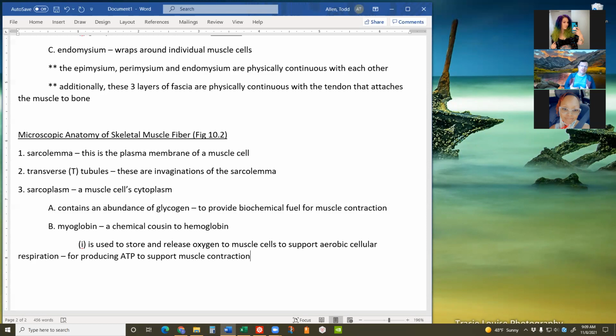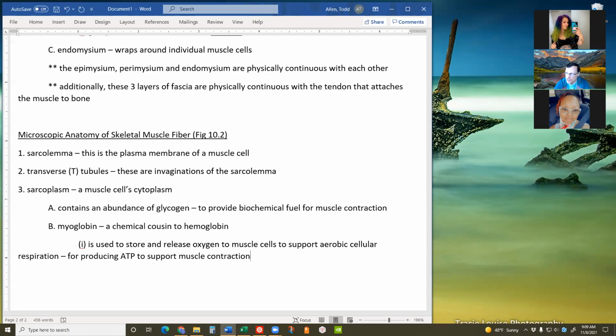Okay, so there's a lot of important, complicated ideas here that we start to wrestle with in chapter 10. The sarcoplasm of muscle cells contains biochemical fuel called glycogen, which will eventually be broken down into individual glucose molecules inside the cell to support aerobic cellular respiration.